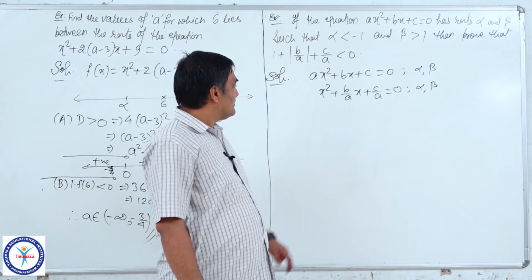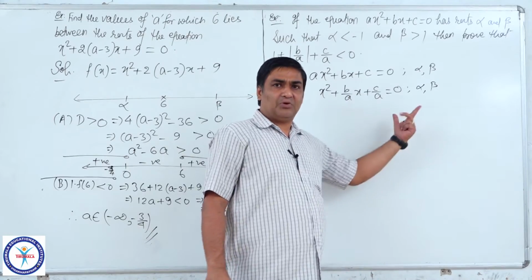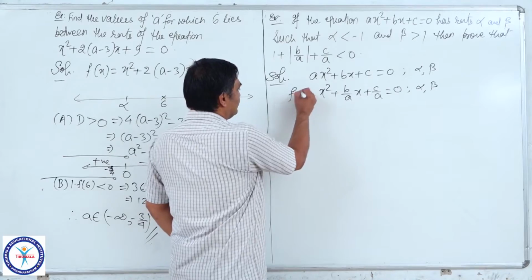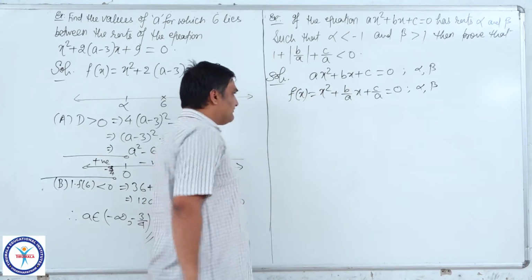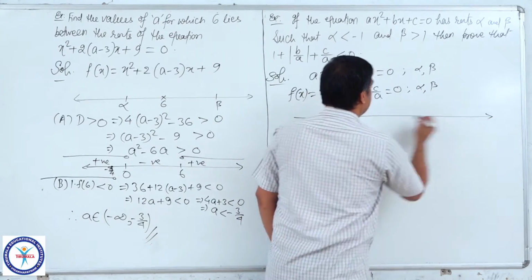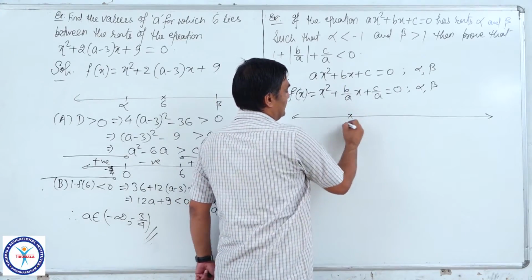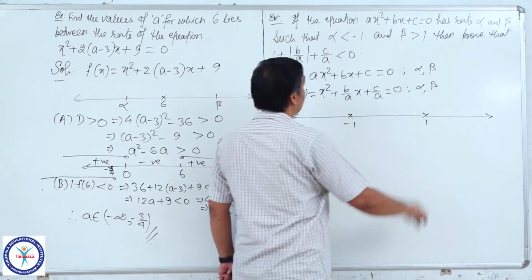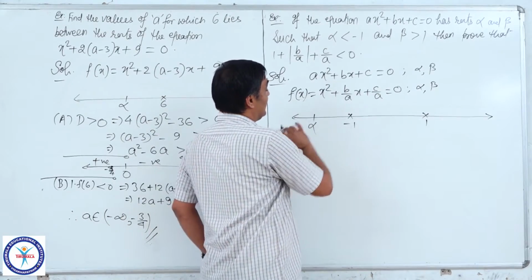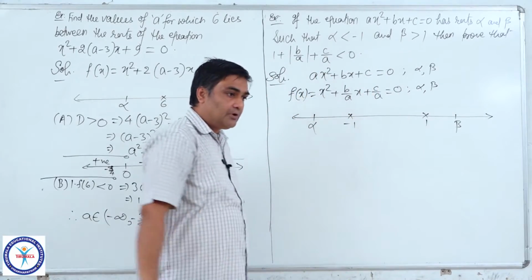Because ratios of coefficients are same, roots are same. Equation wise, these are same. So it is, say, f of x. Now, if we plot the case on the number line, -1, 1, alpha is less than -1 and beta is greater than 1.